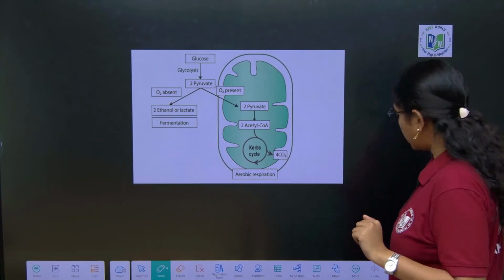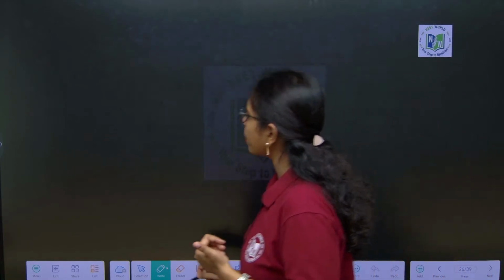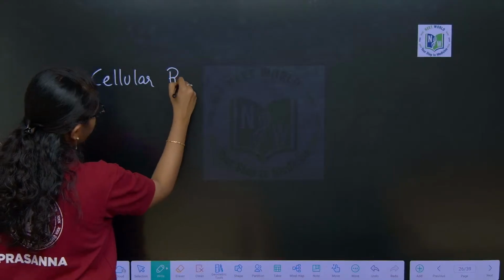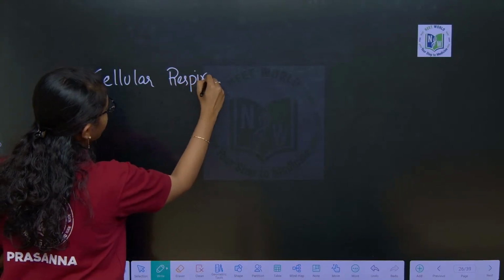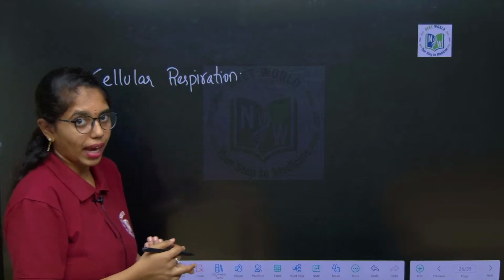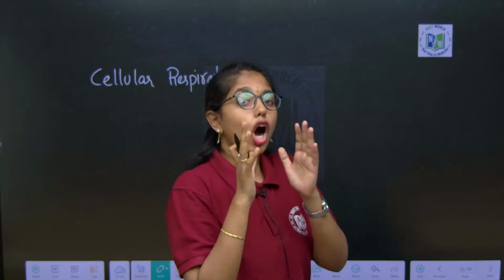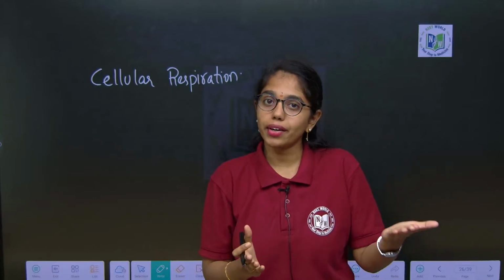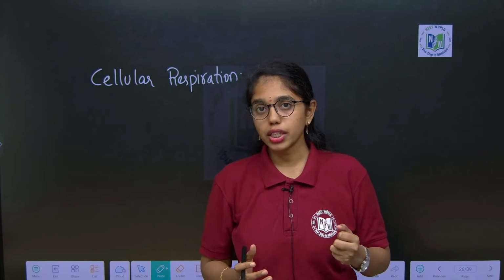Now here comes the concept of cellular respiration, and the difference between breathing and respiration. Breathing is nothing but exchange of gases. Respiration is oxidation of macromolecules like proteins, carbohydrates and fats. What is oxidation?